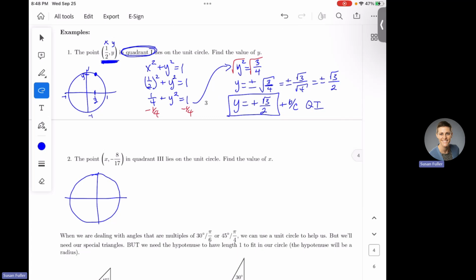We are in quadrant 3 and I know that y is negative 8/17. So I don't know, we're about halfway-ish, right? Negative 8/17 is here somewhere. And so I know that we're looking for this point on the unit circle here, and I have to figure out what that x value is. I want you to pause the video. I want you to use what we just did, and I want you to see if you can figure out what x is.